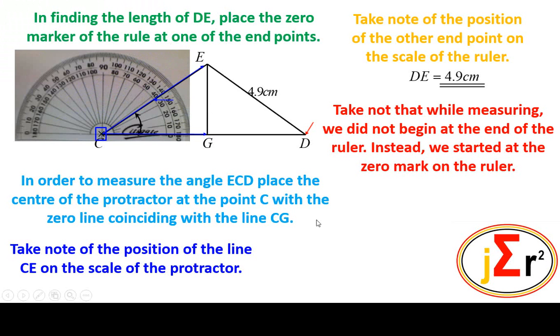Take note, we are going to begin at 0. So 10, 20, 30. And if we take a look here, we see that this is 35, and we have another degree that will be 36 degrees. Therefore, the angle ECD is 36 degrees.